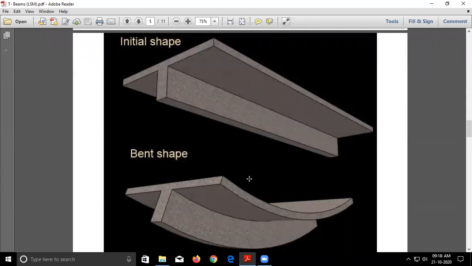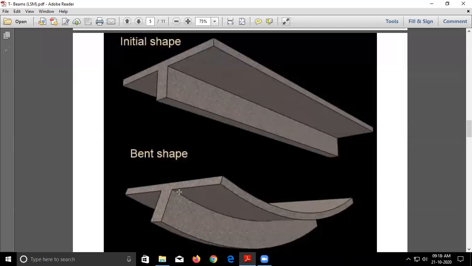Yes, sir. Okay, so now tell me. Since this is a T beam, once you understand what a T beam is, the next important thing is to understand the effective width of a T beam. If you see here the deflected shape of a T beam, once subjected to loading, it will try to deflect like this.